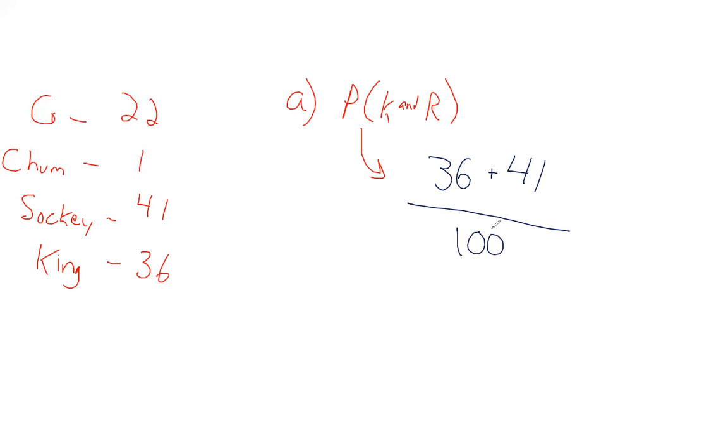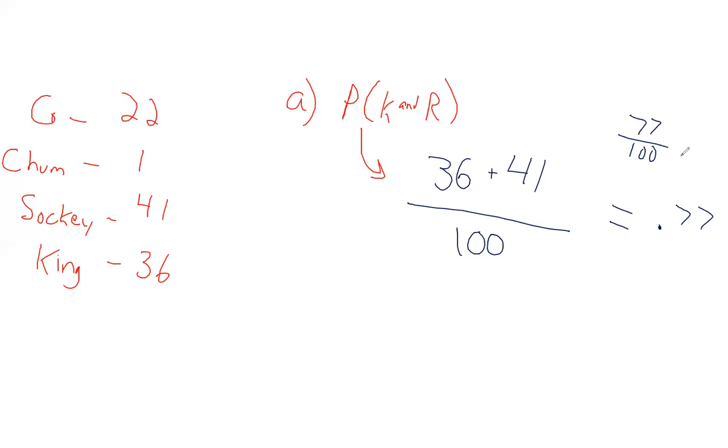So now I just plug that into my calculator. 36 plus 41 is 77. Divide that by 100, and we get 0.77. But we also need a simplified fraction, right? 77 over 100 is already simplified.